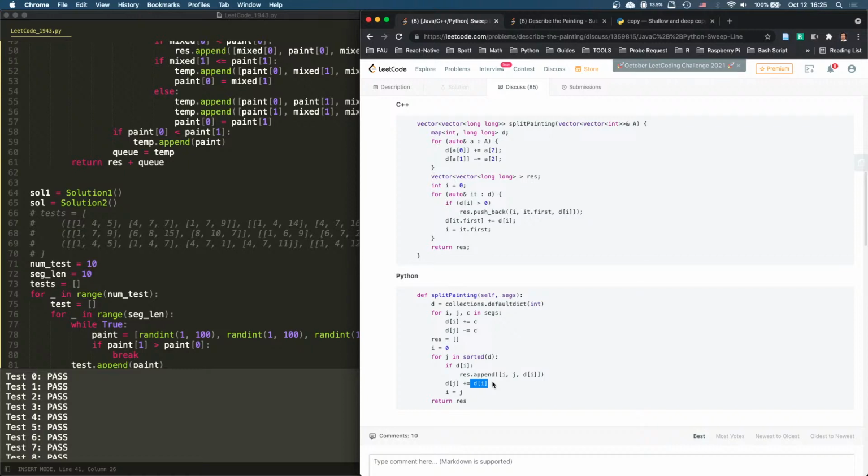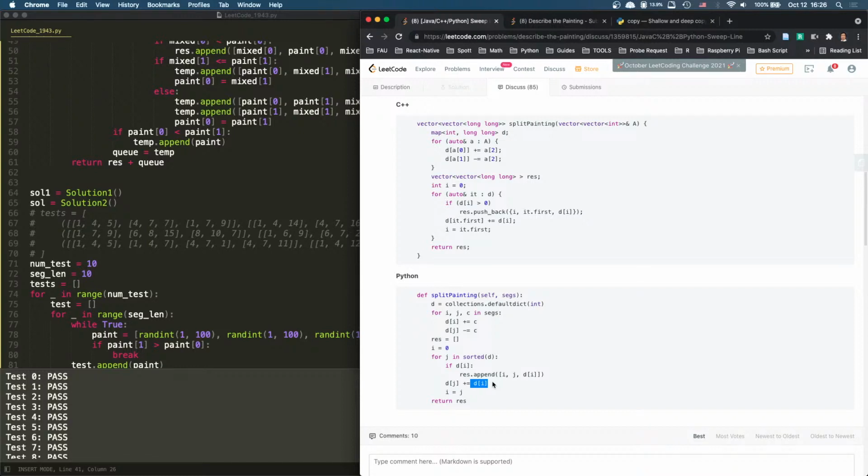So from the starting point to eternity, everything is a plus, and from the end position to eternity, everything is a minus. As we go through every single position, we accumulate the delta value, which is, from this position towards the end, how much we are going to add.